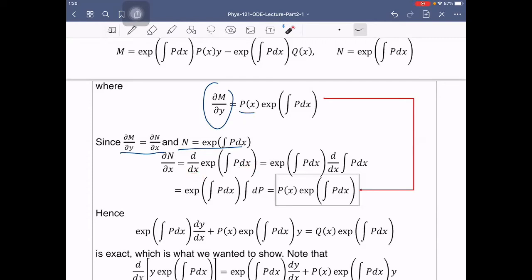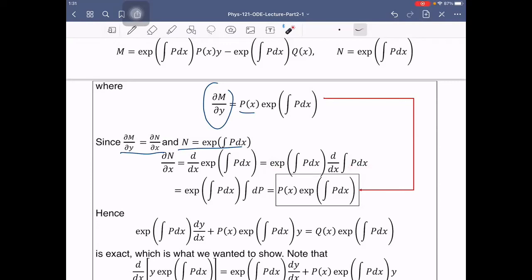Okay? So derivative of that, since pwede nating i-move yung derivative natin sa loob kasi this is just an exponent. So mangyayari, ano ba ang integral ng e to the x dx? E raised to x. So e to the x dx. Okay? Derivative noon. So we have e of integral of p dx times d over dx of integral p dx.